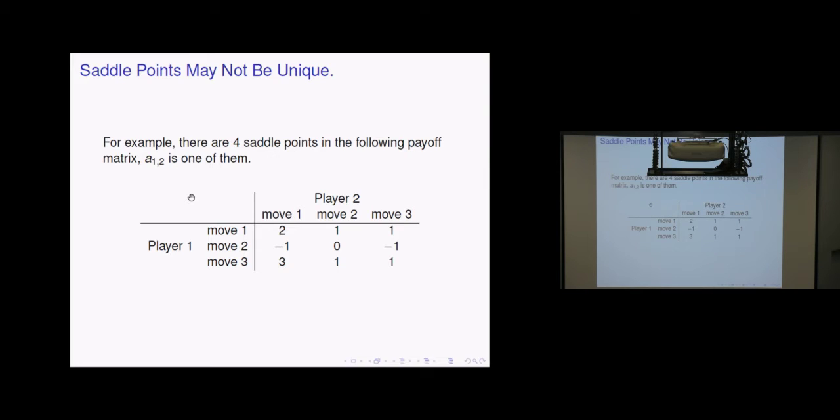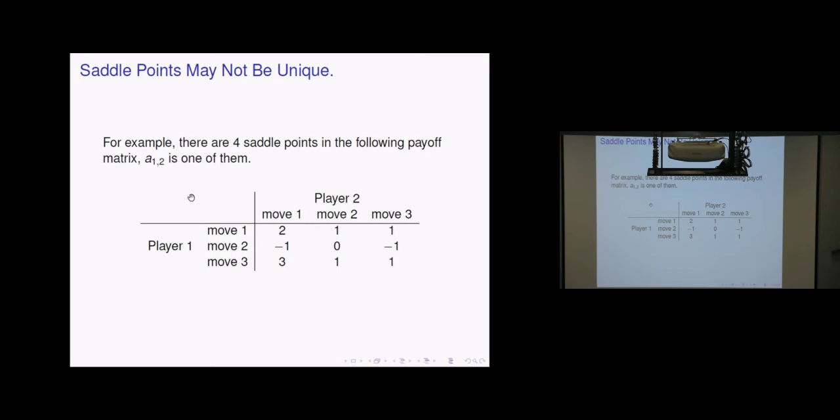So the payoff for player 2, for example, here is minus 2. Here is minus 1, minus 1, 1, 0, 1. So where are the saddle points? A saddle point is the minimum of a row and, at the same time, the maximum of the column. Okay, so let's try.